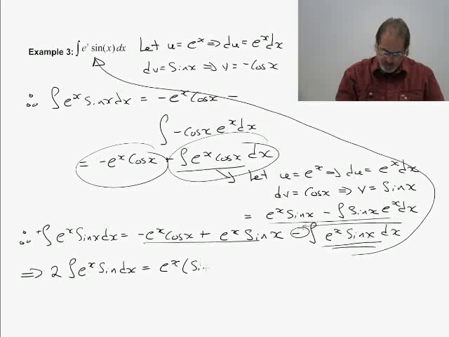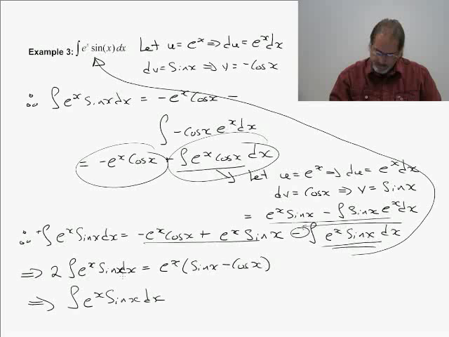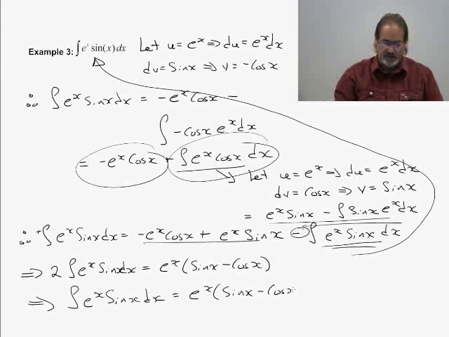If I divide by 2, that gives me the integral of e to the x sine x dx, oops, I kind of forgot an x there, didn't I, is equal to e to the x times sine x minus cosine x, divided by 2, and now I'm going to add that constant of integration.